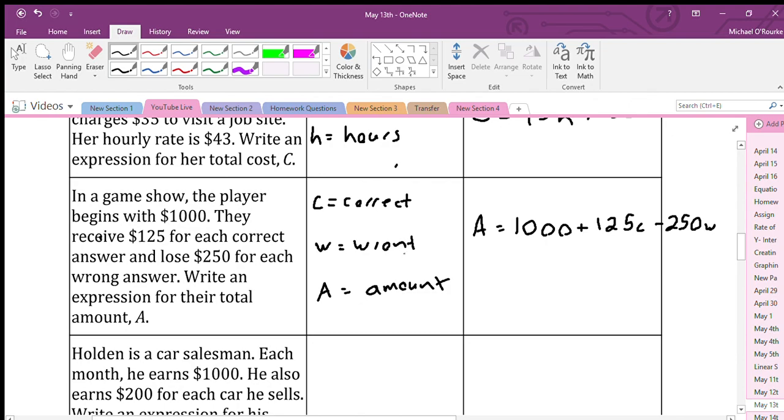So they start with $1,000 here, right? This is the start money. 25 for correct and 2.50 for wrong.